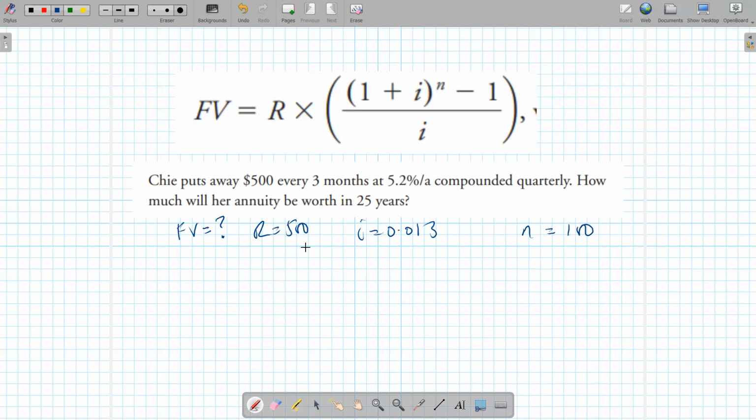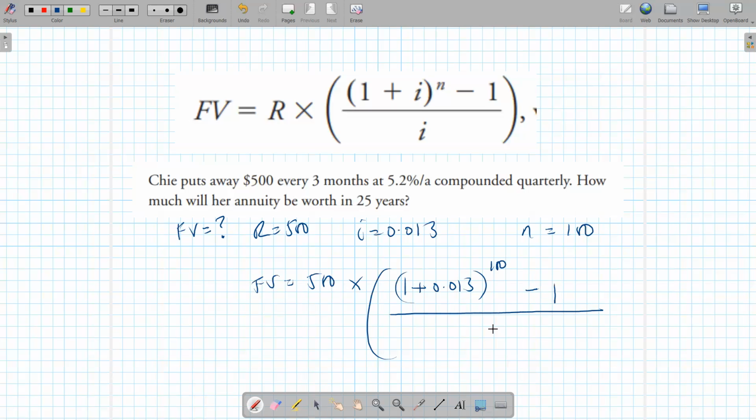So now let's set this up. Look at the formula. Future value is R, so 500, times 1 plus I, 1 plus 0.013, to the power of N, to the power of 100, minus 1, all over I, which was 0.013.